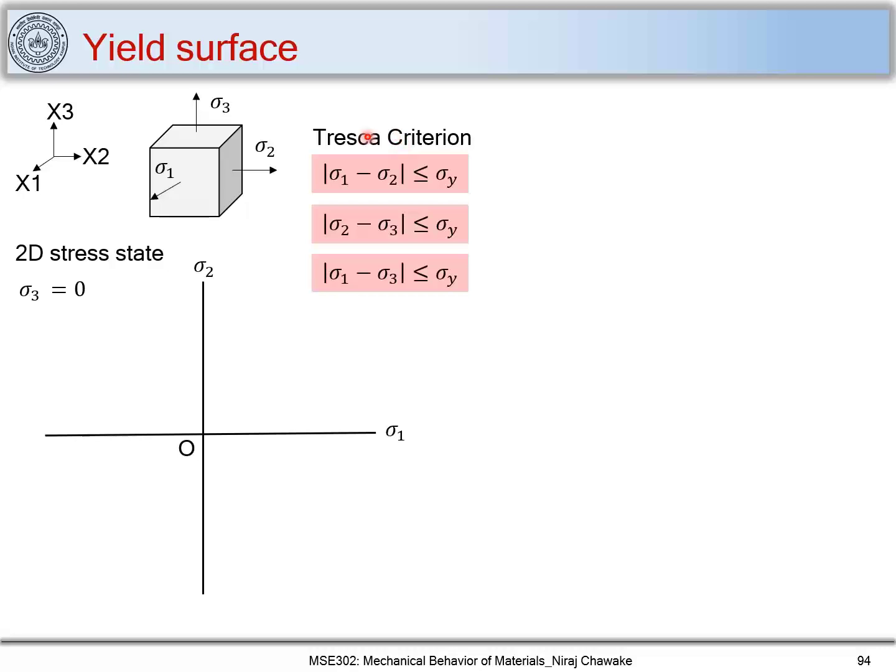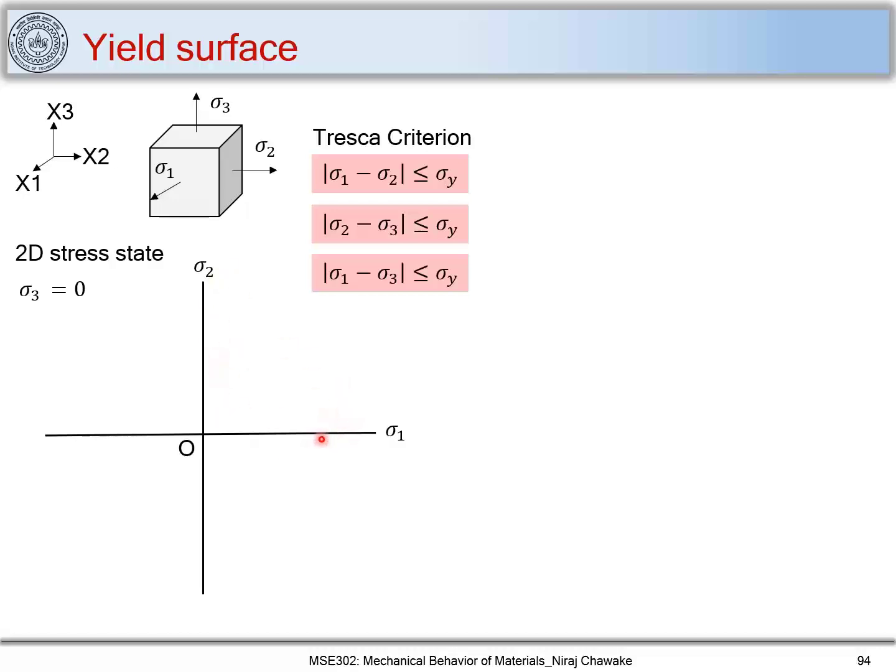So here in this case, you have sigma 3 equal to 0. Let's say I have a sigma 1 which I am applying and sigma 3 is 0, so you can get a maximum value. Let's say sigma 1 is greater than sigma 2, so you will get the maximum value satisfied by this relation where sigma 3 is 0 and sigma 2 is positive. Let's say I am in this quadrant.